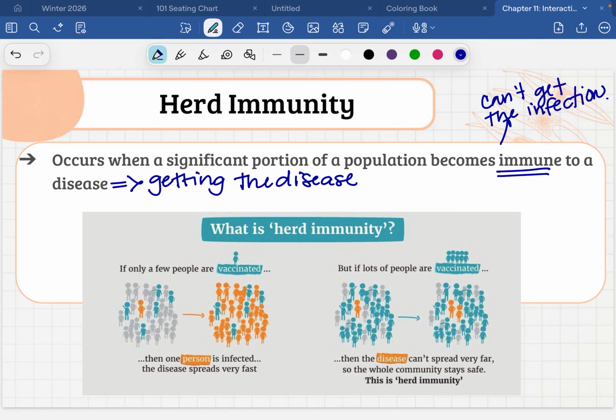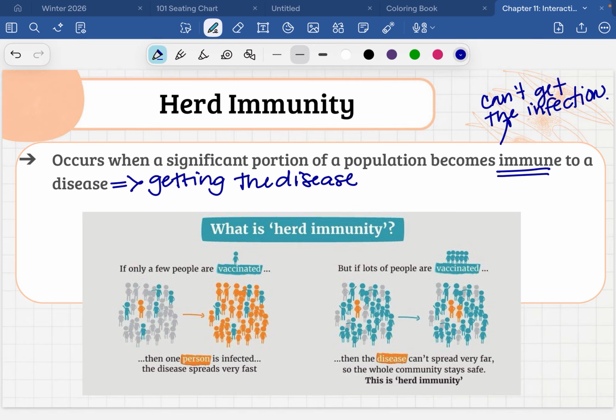Typically, people will not get an infection a second time unless the virus or bacteria mutates, which is usually what happens with like the flu. Like you can get the flu more than once in your life. And that's because there are dozens of different flu strains and the viruses are different from each other. But you cannot get the same illness twice if you have a functioning immune system.